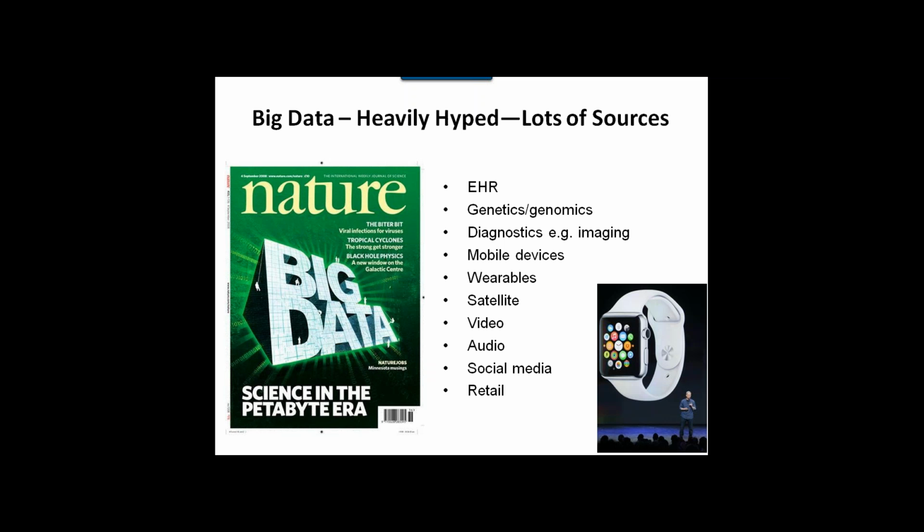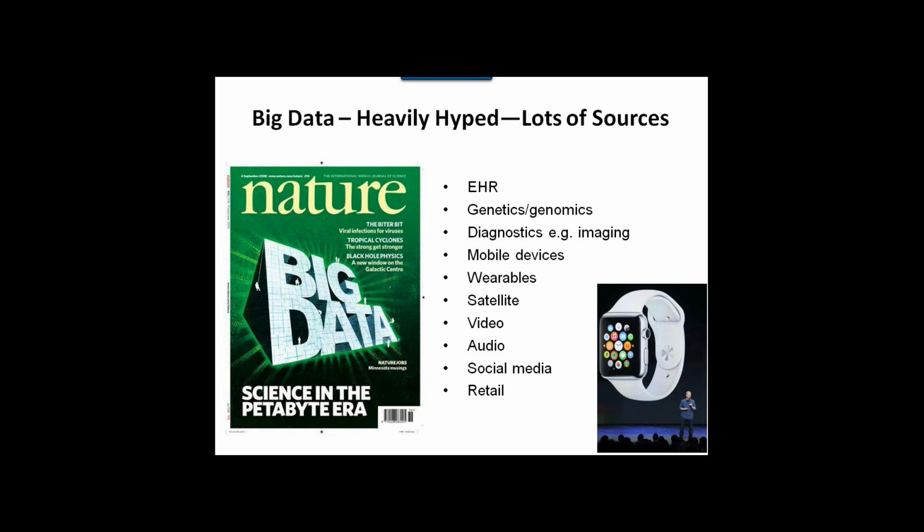The one that I'm the most focused on is the electronic health record, but there are tons and tons of other sources. So there's genetic and genomic data. There is imaging data. There are data from mobile devices. The number of wearables that are available is proliferating at an incredible rate.